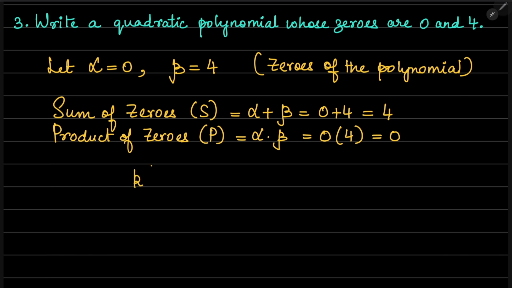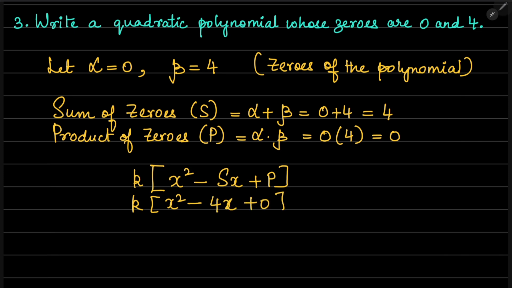Now, as I told you in the previous question, substitute it in the standard quadratic polynomial formula, which is nothing but k multiplied by x square minus sx plus p. So k multiplied by x square minus sum is 4x plus 0.